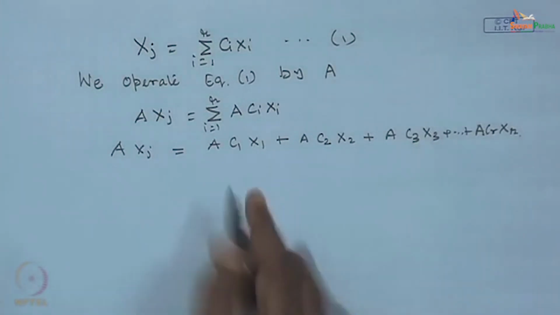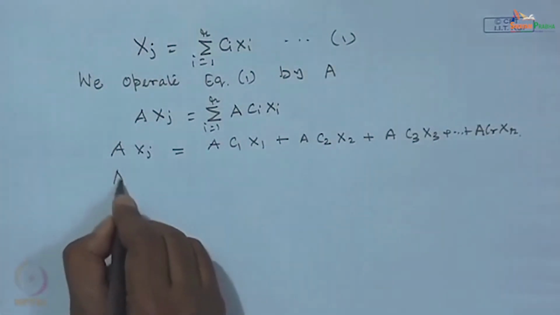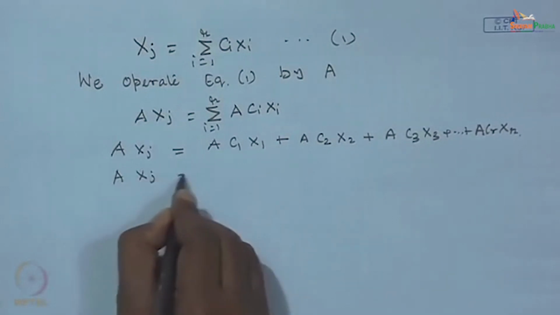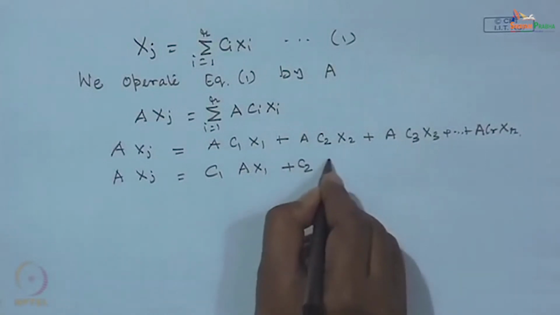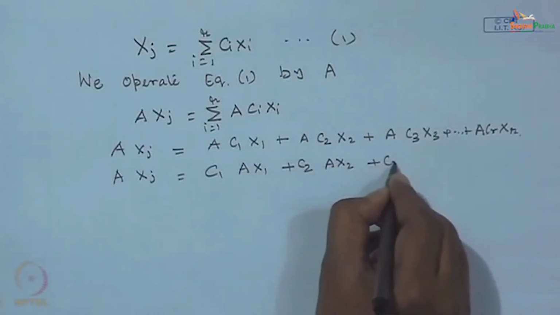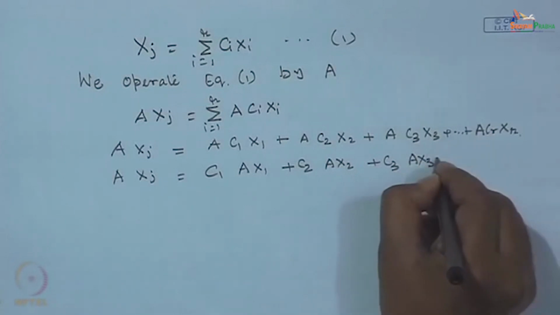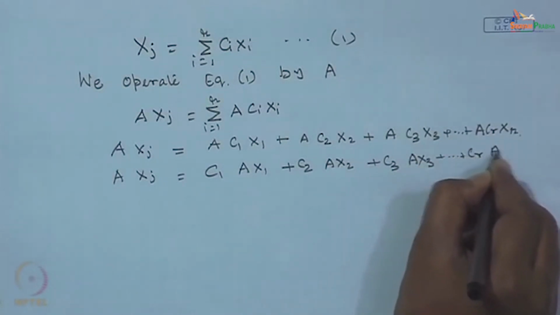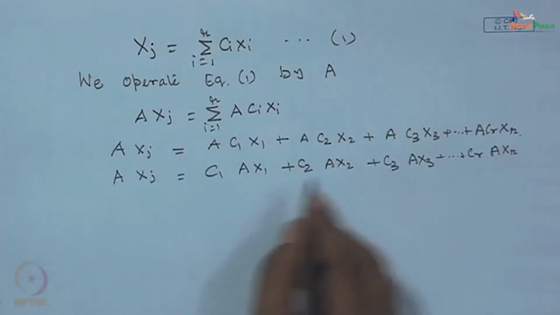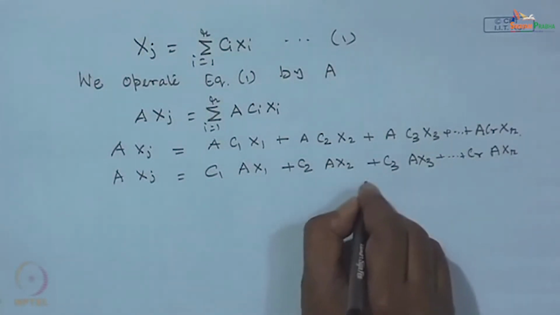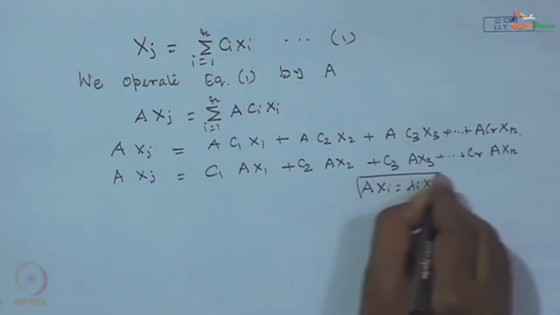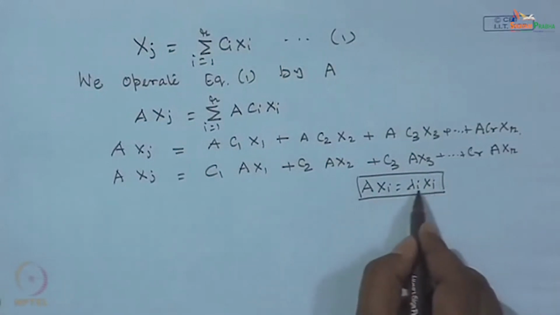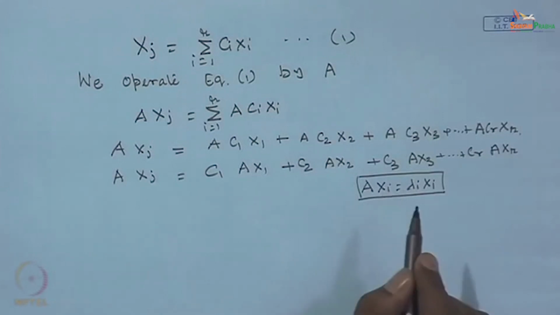Since c 1 is a scalar multiplier, this becomes A x j is equal to c 1 A x 1 plus c 2 A x 2 plus c 3 A x 3 up to c r A x r. We know that A x i is nothing but lambda i x i, which is the standard eigenvalue problem: for the eigenvalue lambda i, the corresponding eigenvector is x i.